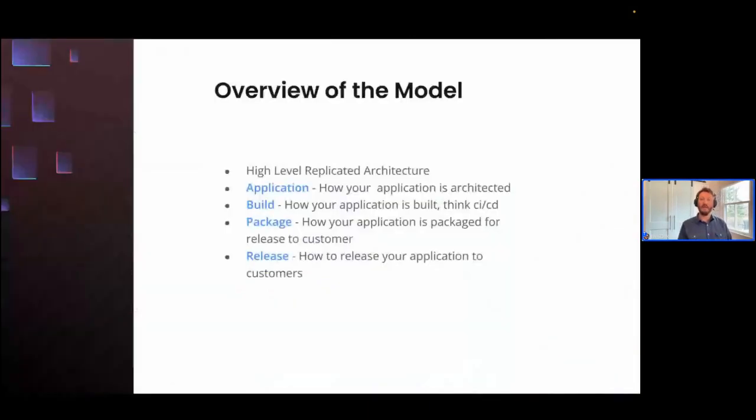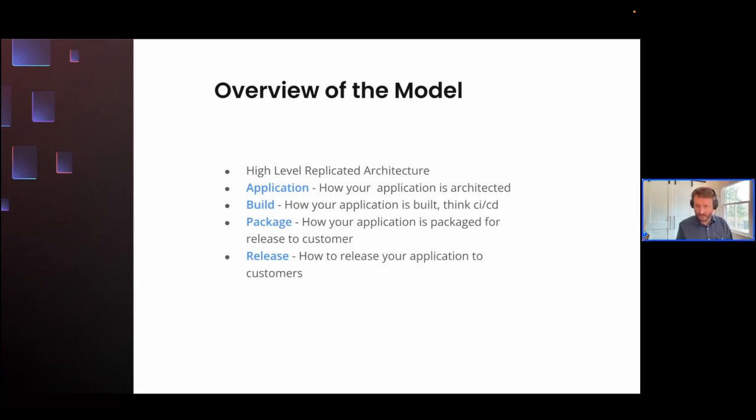So I'm going to give you a real quick high-level overview of the model before we go deeper into each one. At the top of the model, we have a high-level architecture where we literally talk about the pieces of Replicated and the pieces that exist on your vendor side and on the customer side, and just some high-level expectation setting of what we're going to talk about as we go through this.